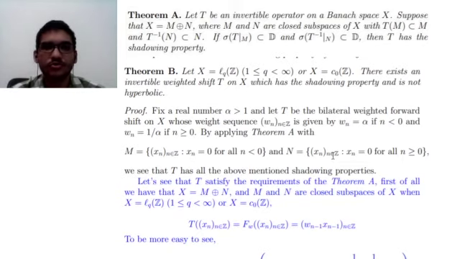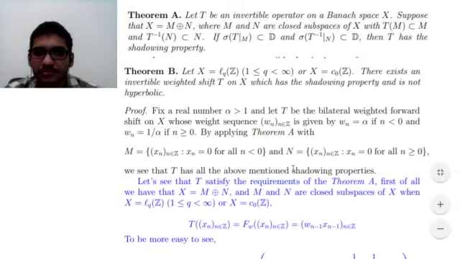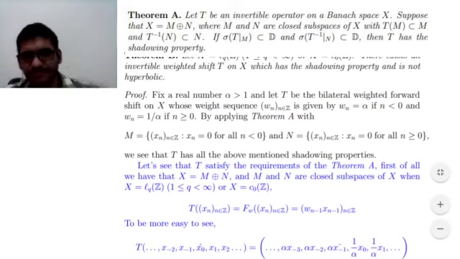So when you apply the inverse of T, which is a backward shift, then you have that the positive coordinates are equal to 0, so they are invariant. M is invariant by T, and N is invariant by T minus 1.